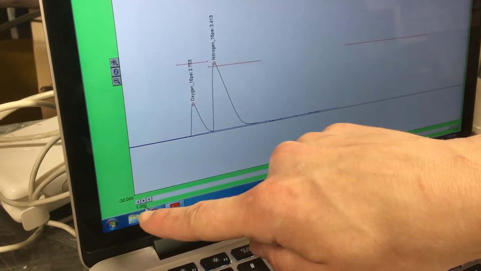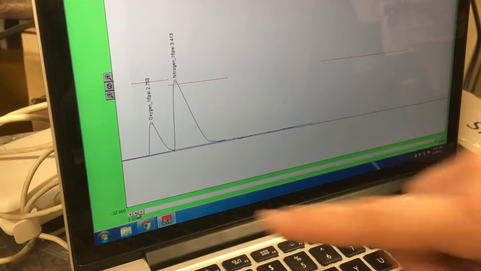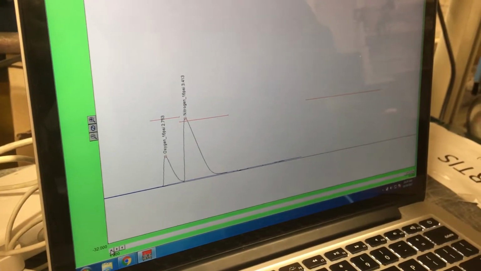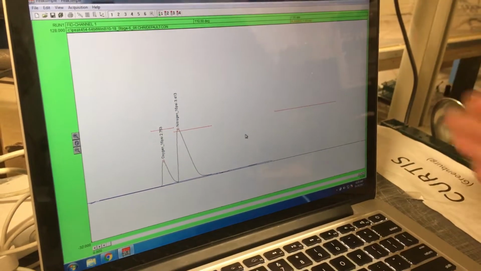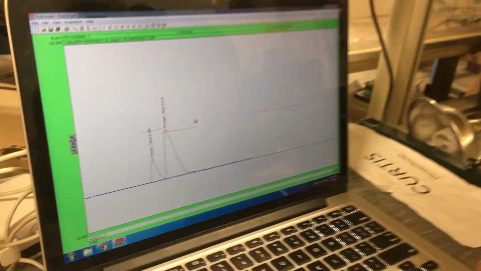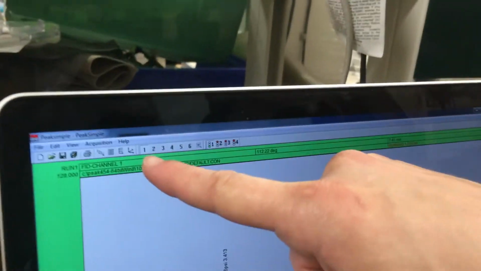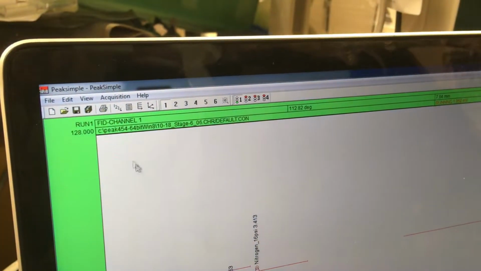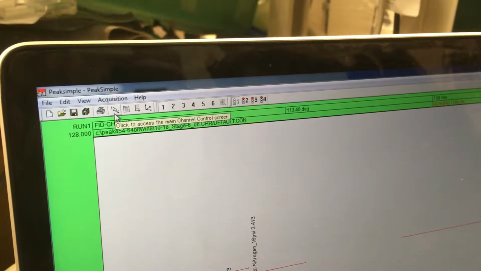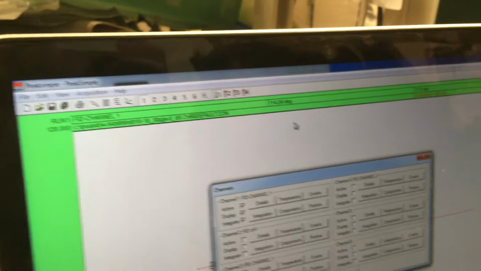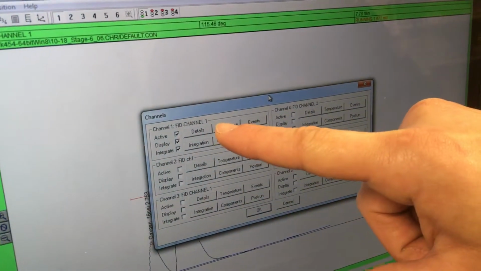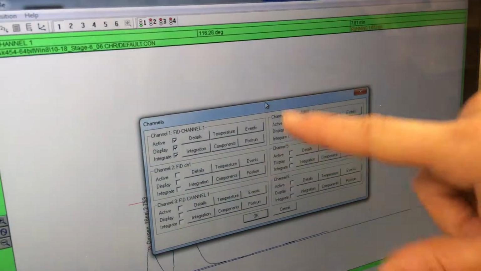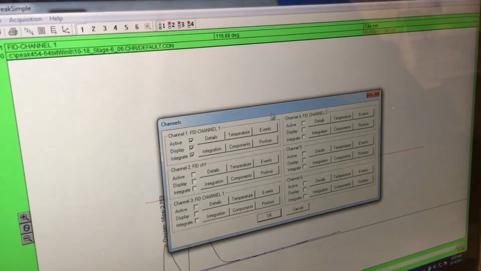Instead of 0, now this is at 1, this is at 2, and so it just scrolls. It lets you have a wider range for what you're seeing, depending on how your ramp time is. We are only looking at channel 1 right now, and if you go into this 1, 2, 3, 4 channel button, you can take a look at all of these options. The 1 signifies that we're working with channel 1, so we only focus on this corner right here.